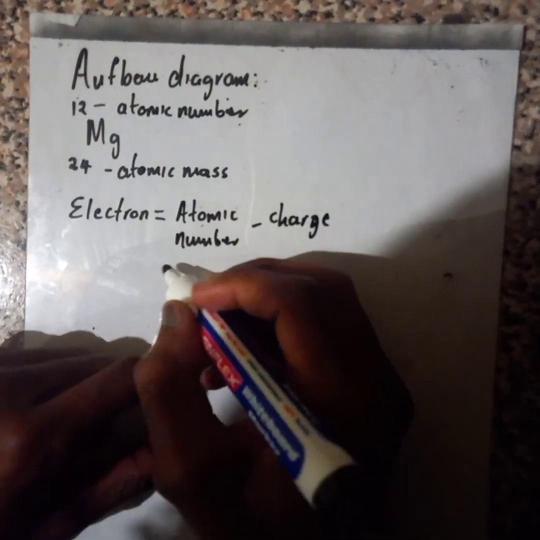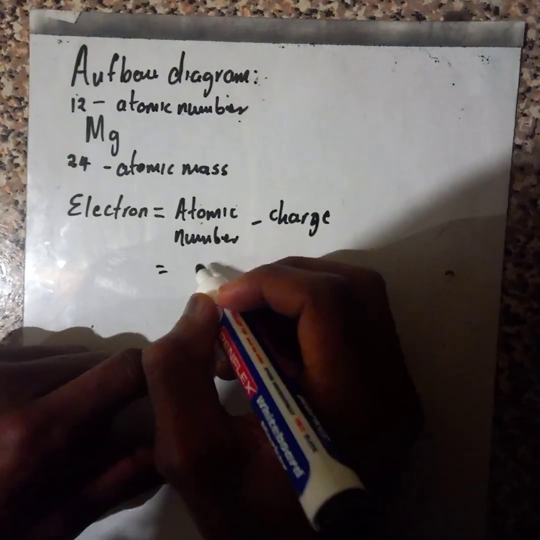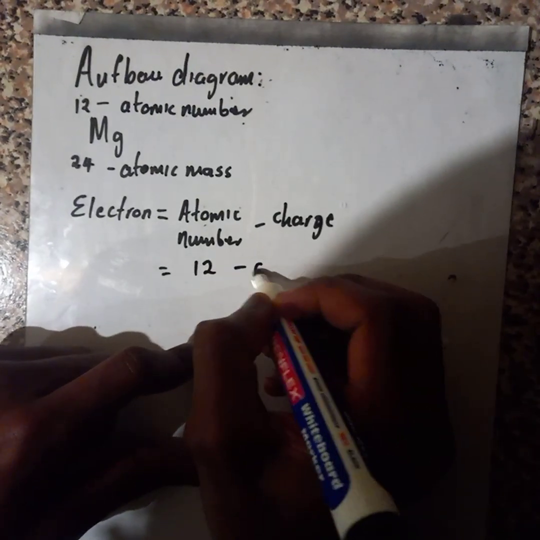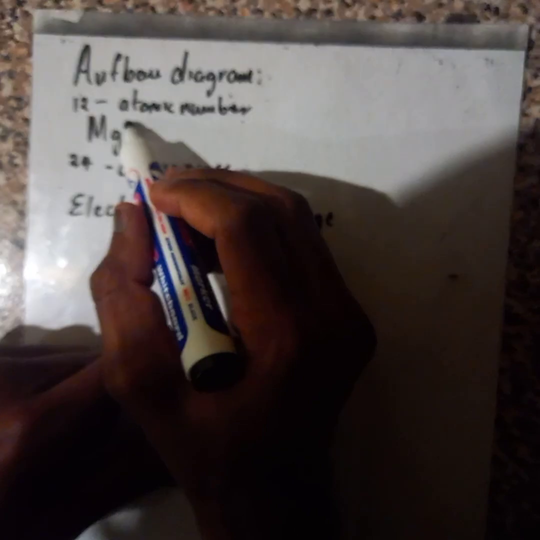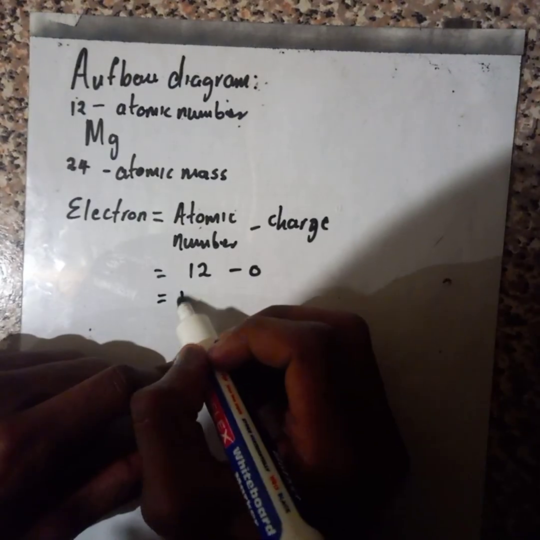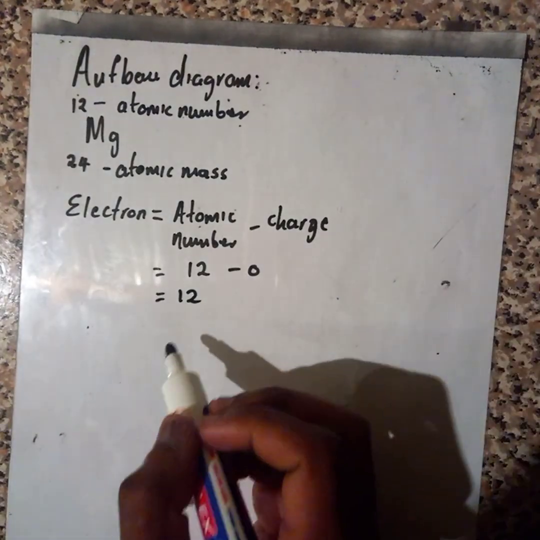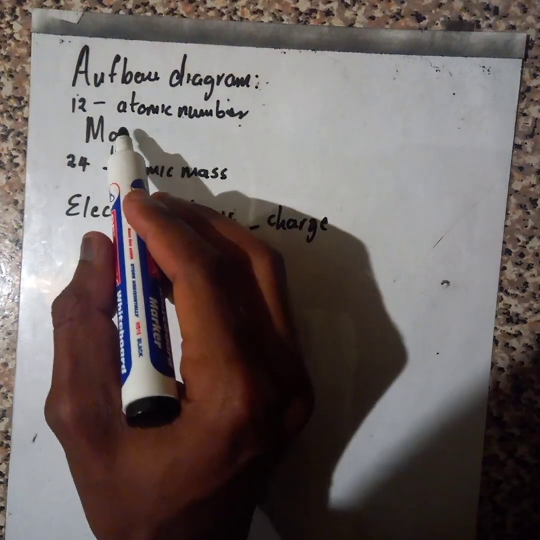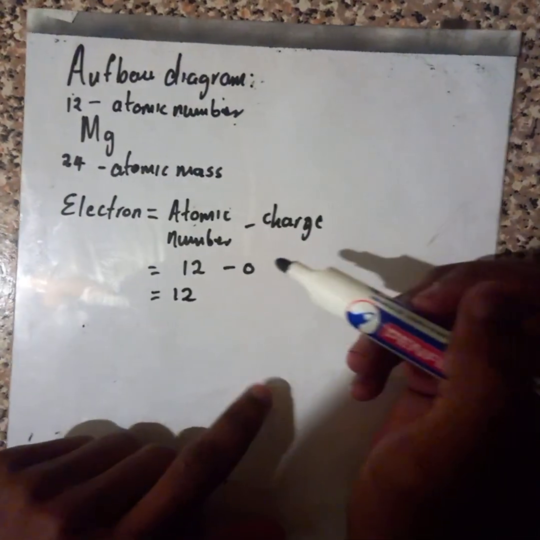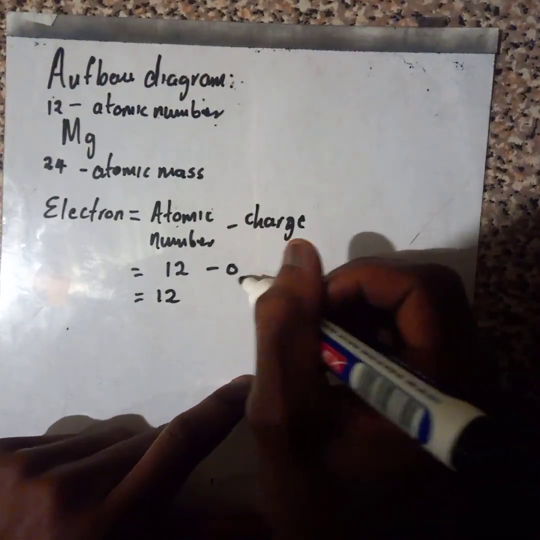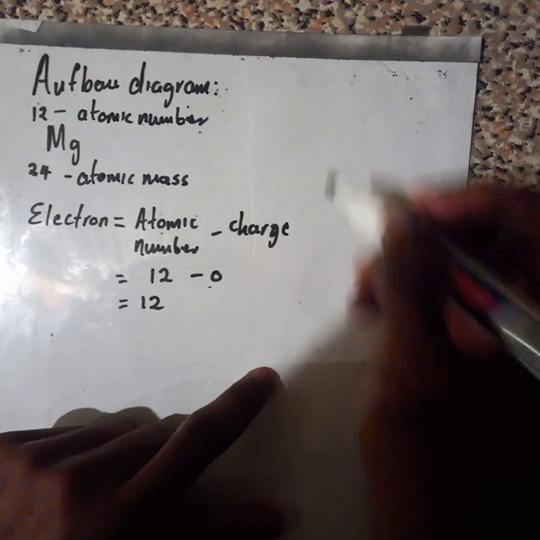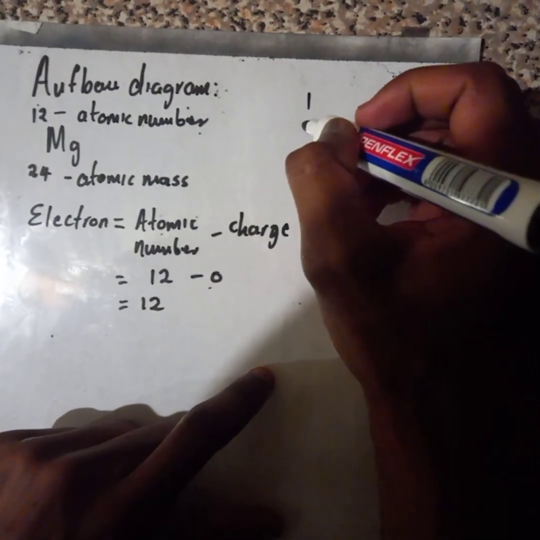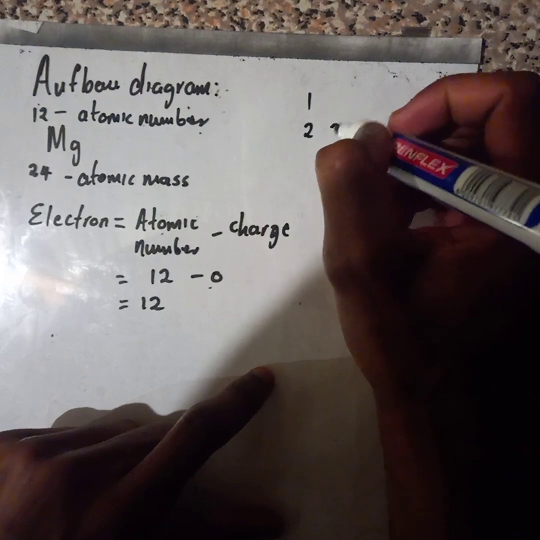We have a neutral atom, which is going to be 12 minus 0. There is no charge here. Then we get 12. Done. We have 12 electrons because it's neutral. Hence I put 0. Then now we use this strategy.